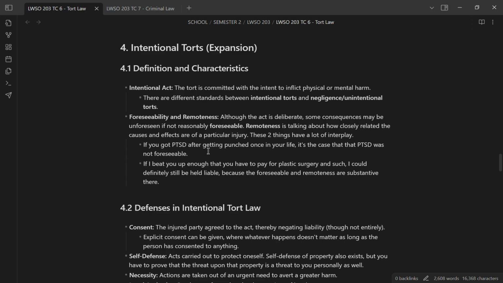Within intentional torts, we look at these concepts of foreseeability and remoteness. So you look at an act, and intent has been proven; it's deliberate, but some consequences may not have been foreseen, if not reasonably foreseeable.